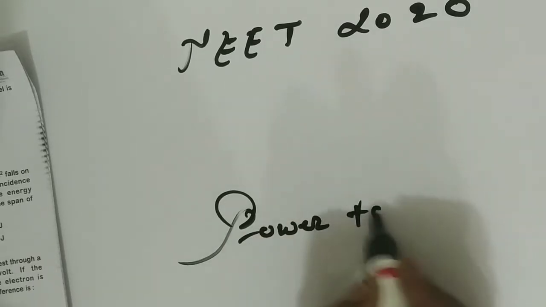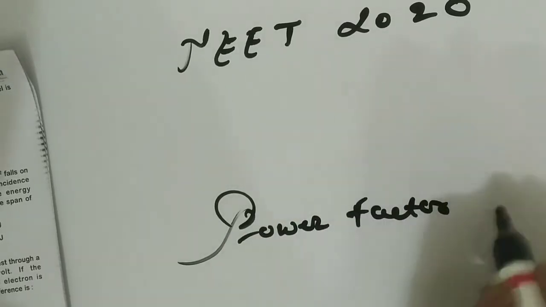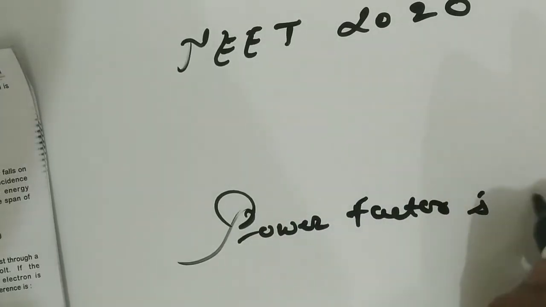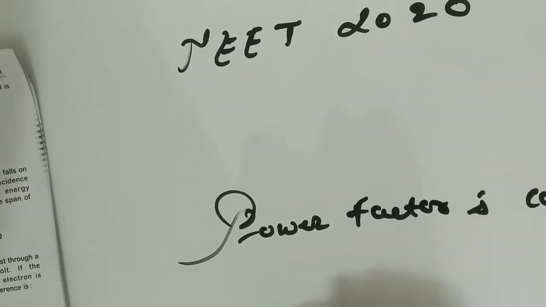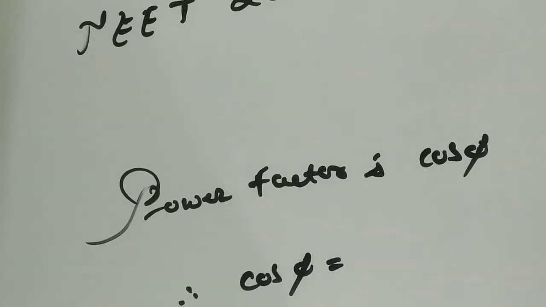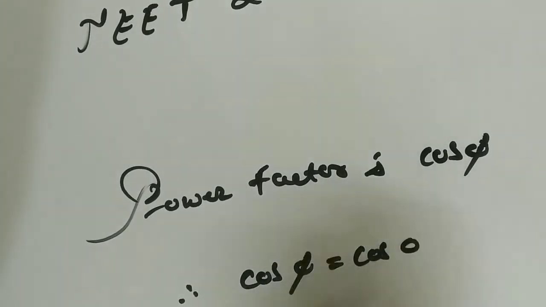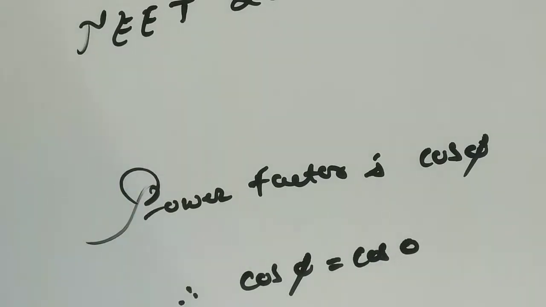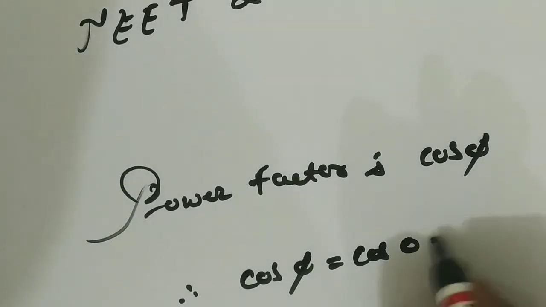Power factor is cos phi. Therefore, cos phi equals to, what is the phase difference? 0. So 0 is the phase difference means what? Cos 0. There will be no change, pi by 3 in every case. Cos 0 equals to 1.